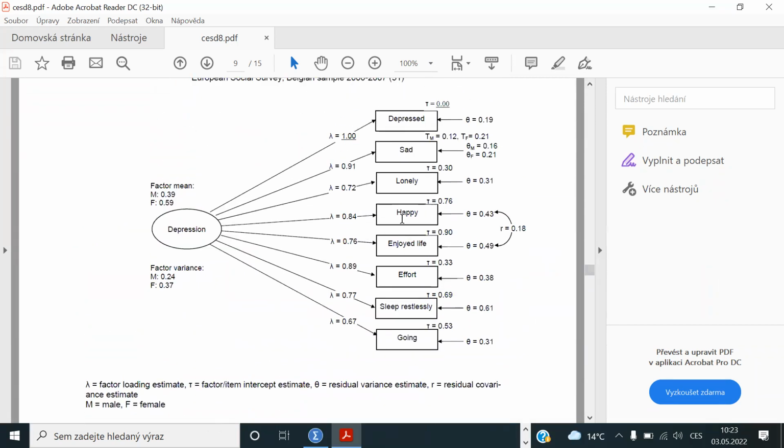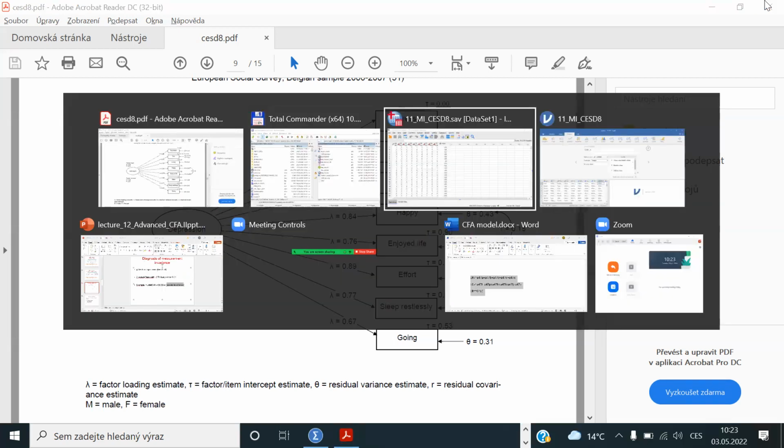And you can see that happy and enjoy life are expected to correlate their random errors. So that's why we would apply the same model. We would take one factor and take a relationship for happy and enjoy life. Of course, not directly to these variables, but we will link these residual errors. So that's CESD8 in practice.